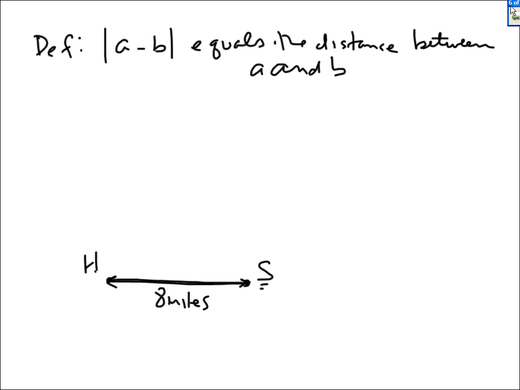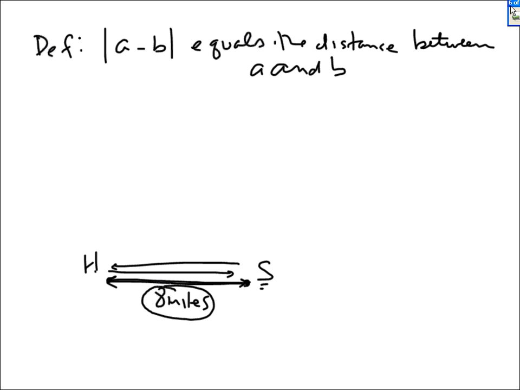If somebody asks how far it is from where you work to the grocery store, you never say it's negative 2 miles. You always say 2 miles. Whether you're going there or coming back, it's 2 miles. Whether you go from H to S or from S to H, assuming it's the same route, it's 8 miles, not negative.